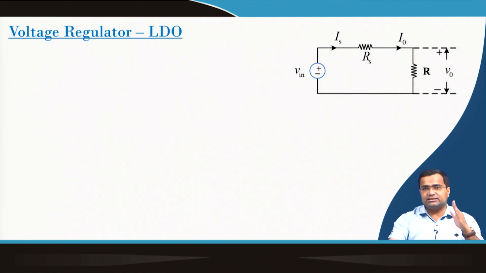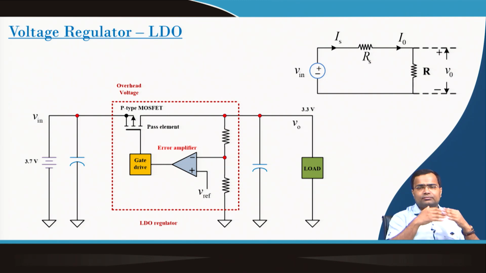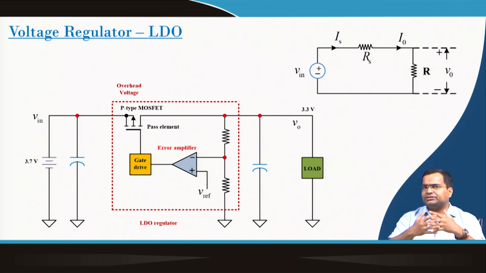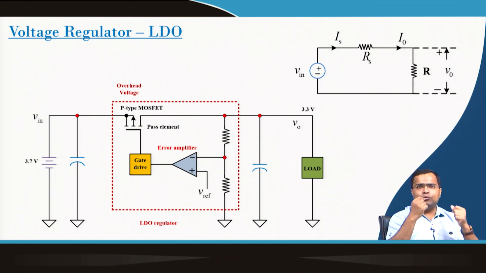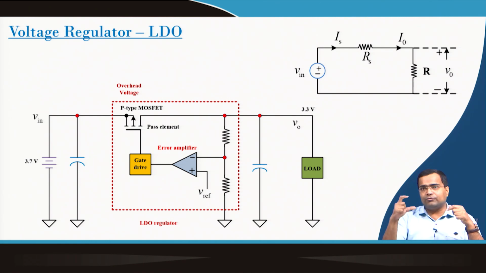In general, this variable source resistance can be achieved by using a transistor. This is a more practical regulator, the linear dropout regulator, where we want to drop a certain voltage across the series resistance such that the output voltage is maintained at its desired value. So, we want to use a transistor which will act like a variable resistance, and how can we adjust the resistance of the transistor? By varying the gate voltage, and the input for this gate drive is the output feedback voltage.